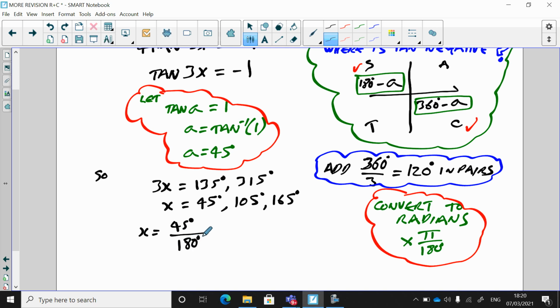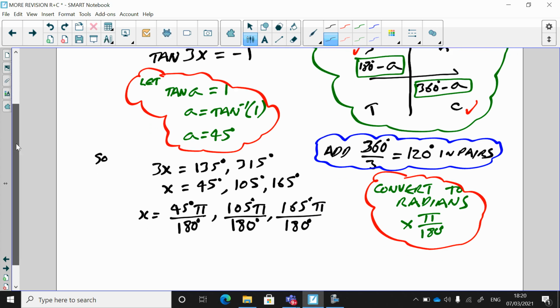It's really the 45 over 180 that you want to simplify as a fraction, and pi stuck on. And then again, 105 degrees over 180. That's what you put in your calculator, 105 over 180, stick pi in it. And again, 165 degrees over 180. Simplify that and stick pi in it.